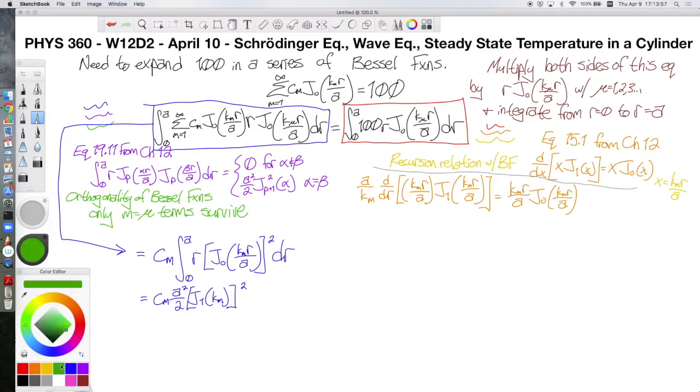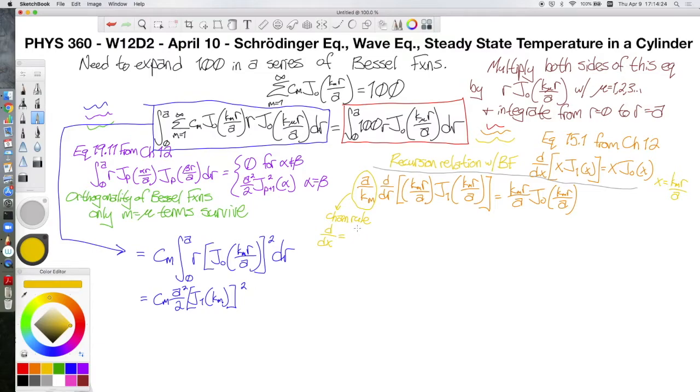In case you're confused where this first term, this a over k_m term, came from, this is from the chain rule. Our original identity has a derivative with respect to x in it. And I know mathematicians will tell me derivatives are not fractions, but they'll often act like fractions when the chain rule is concerned.